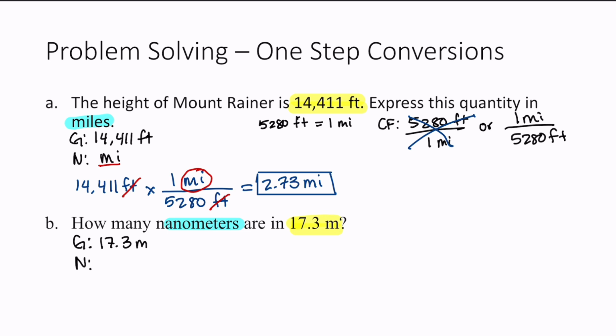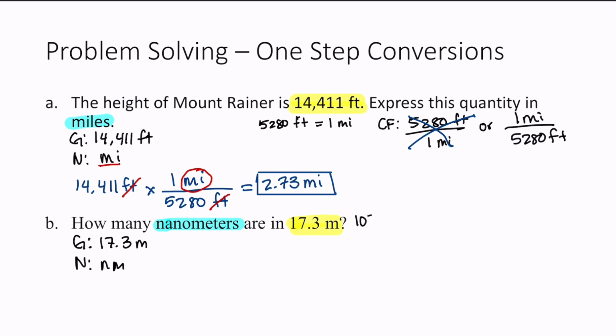17.3 meters, not nanometers, and my need is nanometers. Meters and nanometers, I can relate them very easily because they are both in the metric system. So I can remember the equality between nanometers and meters.